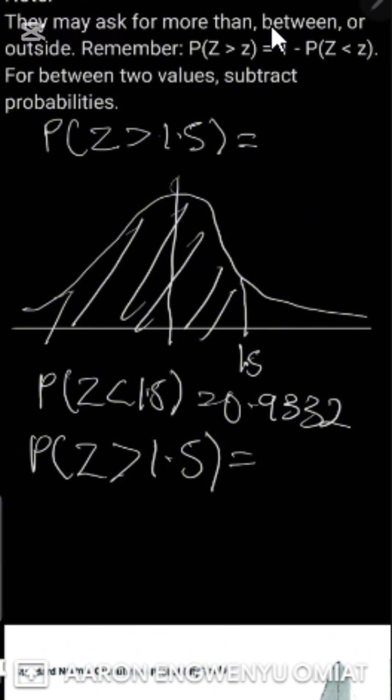In our first step, we wanted less, and we got it as 0.9332. Now, what if they ask for greater than? What would we do? Anyone? Anyone with an idea?